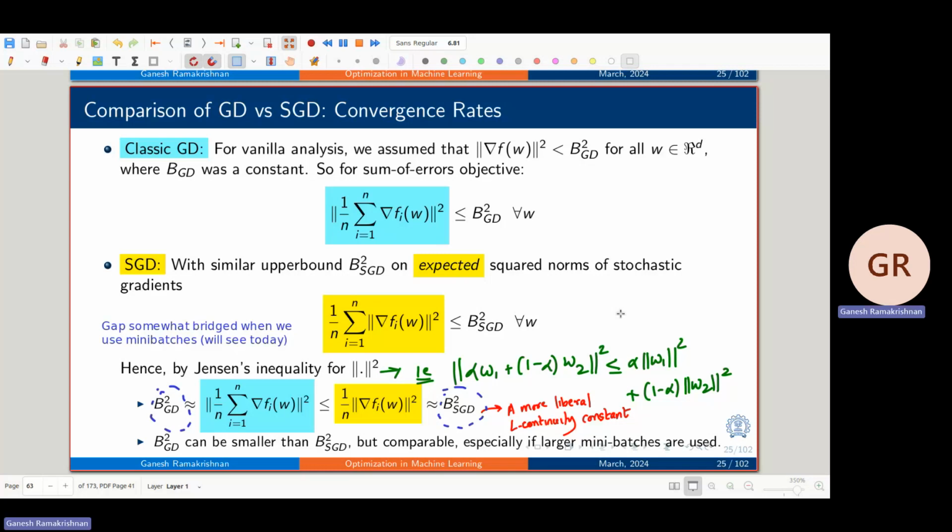So what's the worst setting? If every batch consists of similar looking points, what will happen? Every batch is, say, scaled versions x, 2x, 3x, 4x. Let's say I just take those to be one batch. What will happen? Will I get any advantage in bridging this inequality?